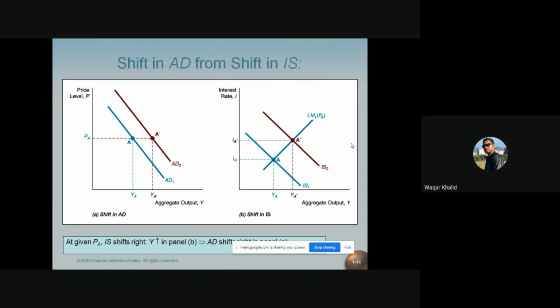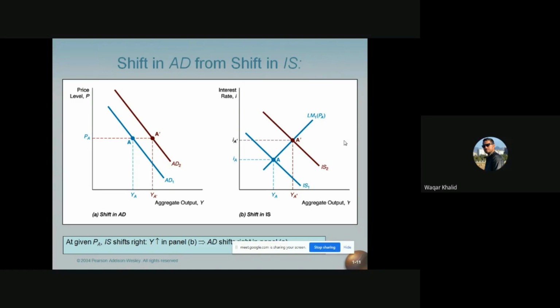The IS curve will shift from IS1 to IS2. Why? Because the government has increased its expenditures and this raises the equilibrium output to YA dash.